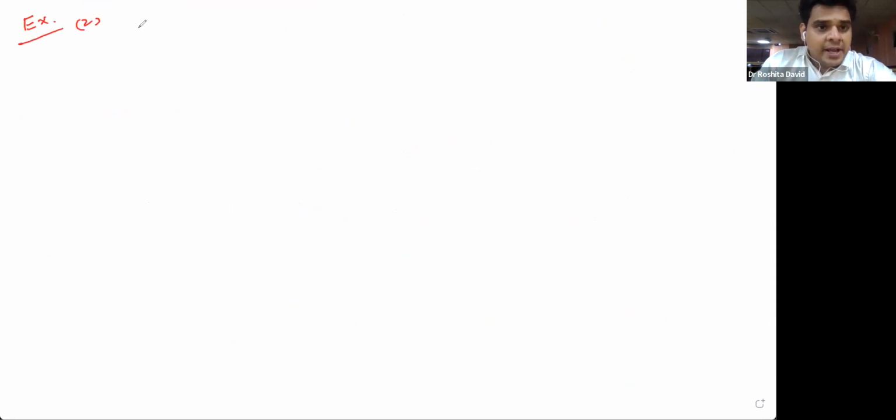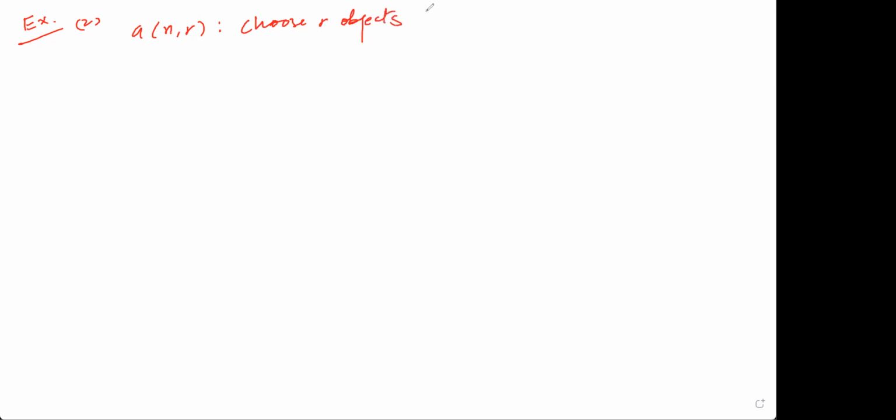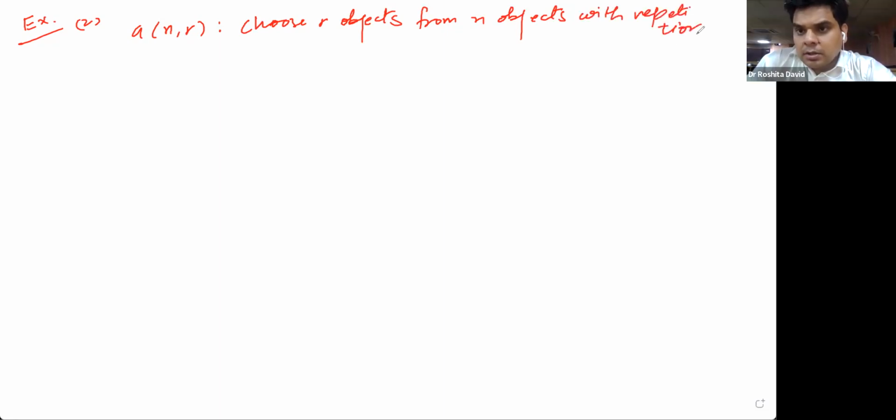Okay, now if I am taking a_{n,r} as choosing r objects from n objects with repetition, and if I have to create a recurrence relation for this condition, what's going to be the recurrence relation of choosing r objects from the n objects with repetition?